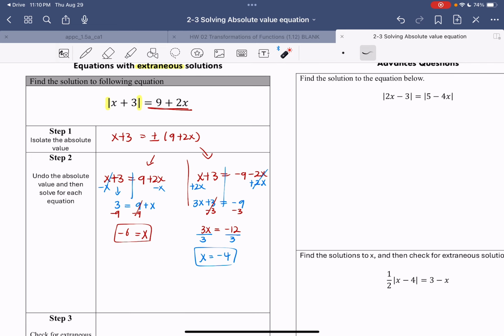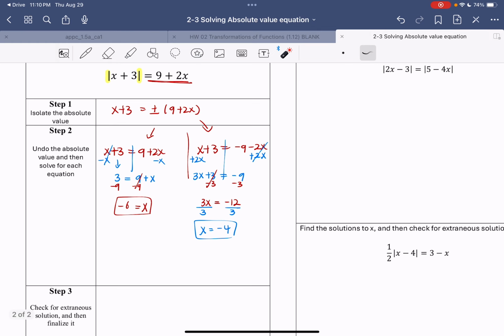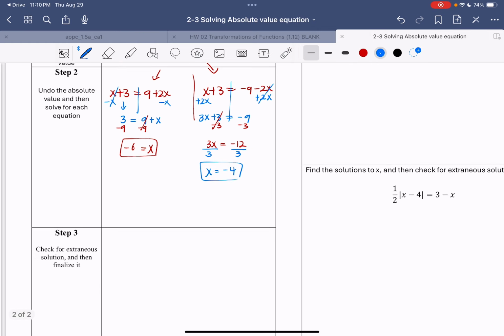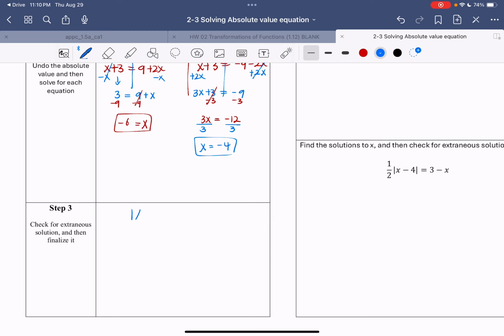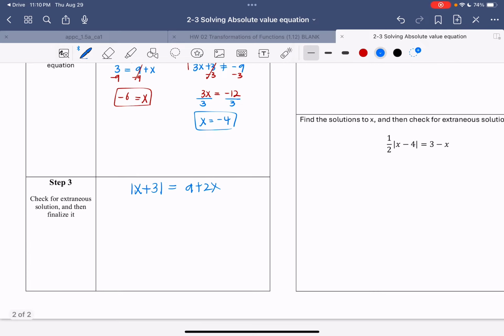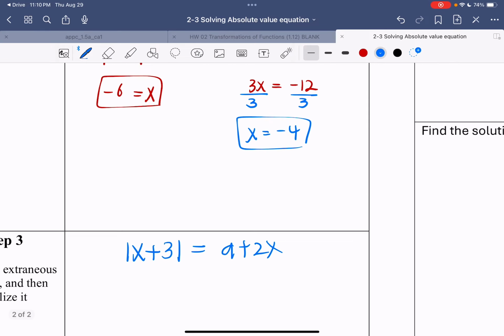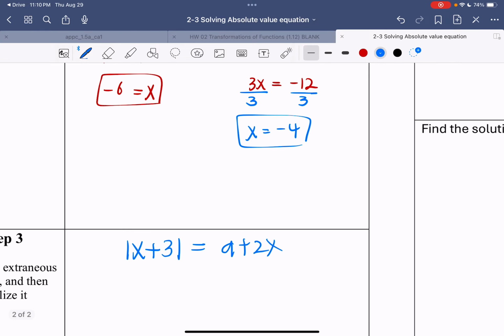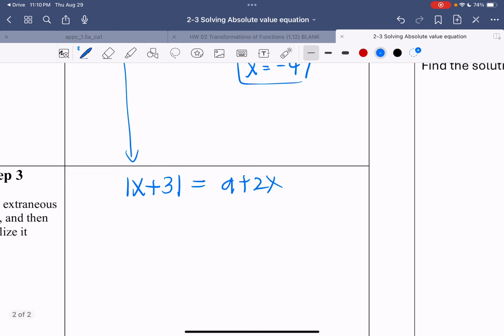And now what we have to do is plug these numbers into here and see if we have an extraneous solution. So watch what I do. First, let me copy this one down. So it's going to be absolute value of x plus 3 equals 9 plus 2x. And what I'm going to do is substitute negative 6 here and see if it works.